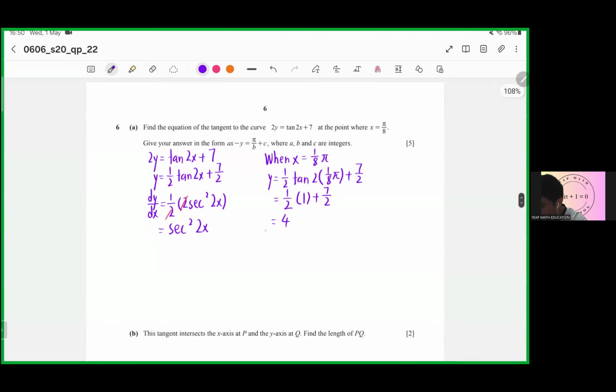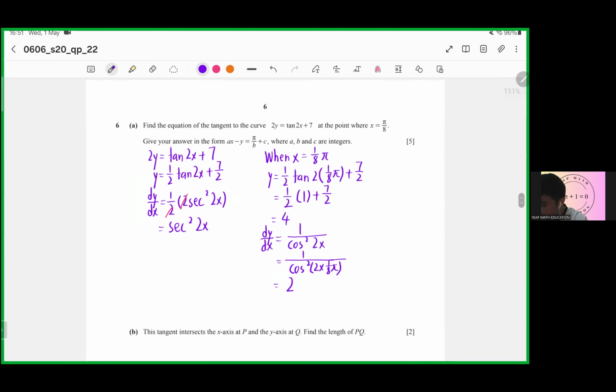Now we find this dy/dx. 1 over cos squared 2x. We get the answer equals 2.